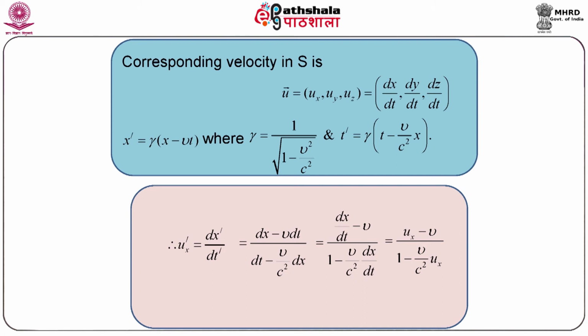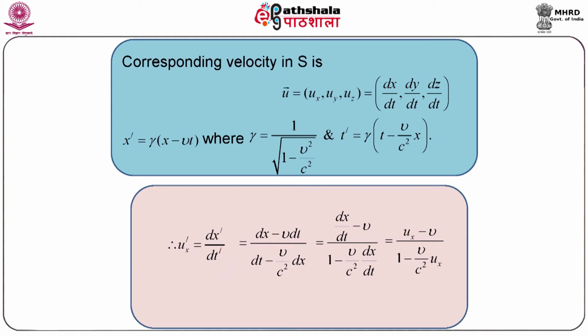Let us calculate the differential dx'. x' is given here. So, dx' is gamma into (dx minus v into dt). We can write it here instead of dx'. Let us calculate the differential dt'.